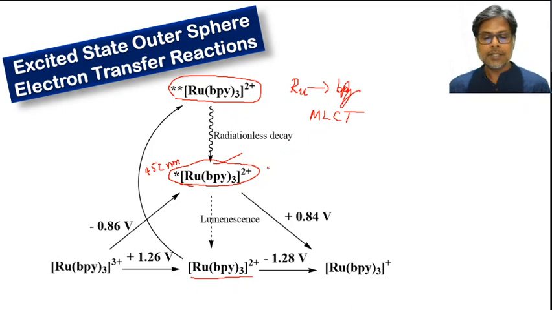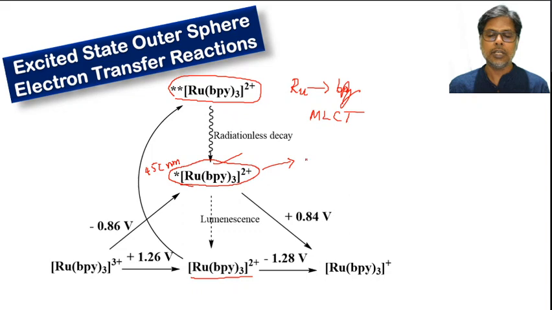And in this excited state, the electron, the one which is promoted to the antibonding orbitals of one of the bipyridine, is not actually residing with the ruthenium. It is there, the antibonding orbital of the bipyridine.